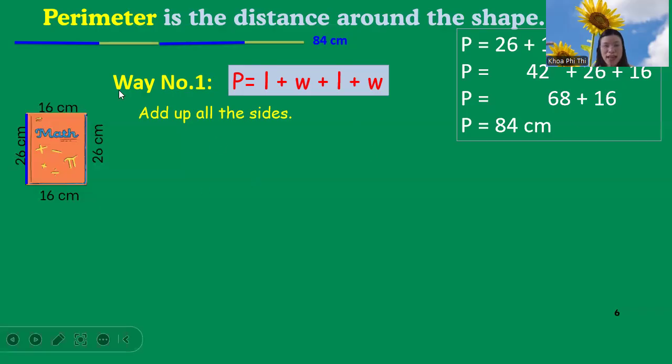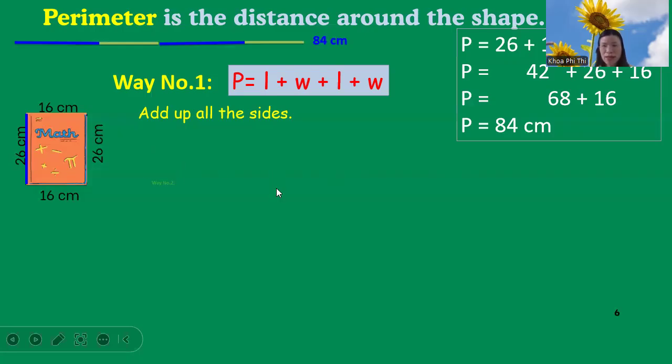Now, let's look at the length and the width. We have two equal lengths and two equal widths. Then we can make the calculation shorter. Instead of adding them one by one, like in way number one, we can double them using multiplication. Length plus length means we double the length. Right? Width plus width means we double the width.